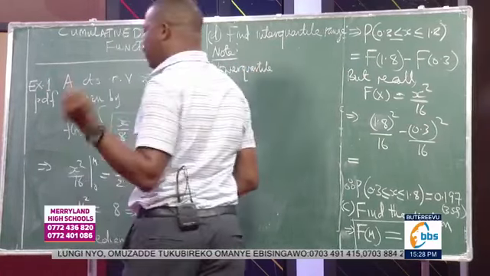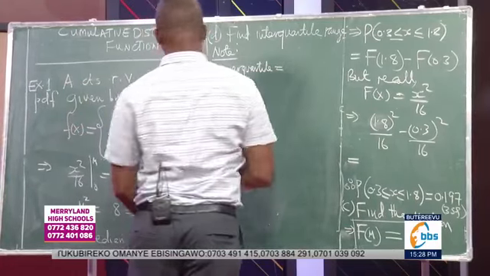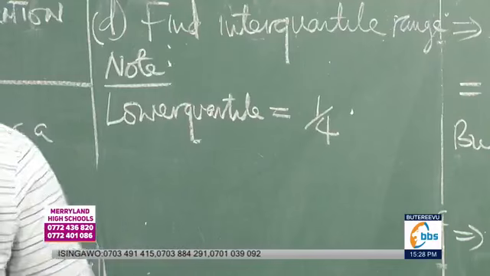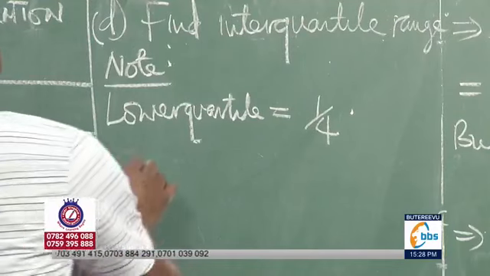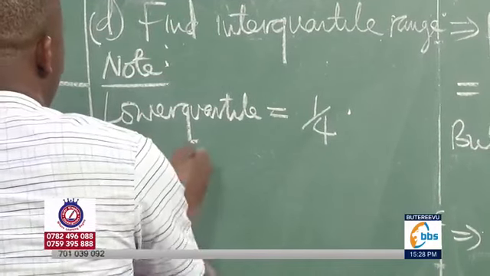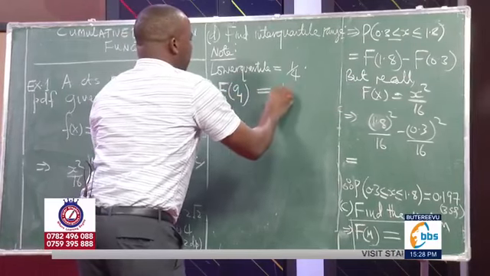For a cumulative distribution function, it is equal to a quarter, and we are supposed to equate our expression to a quarter. That means that F, the cumulative distribution function of what I will call the lower quartile or quartile 1, is equal to a quarter.